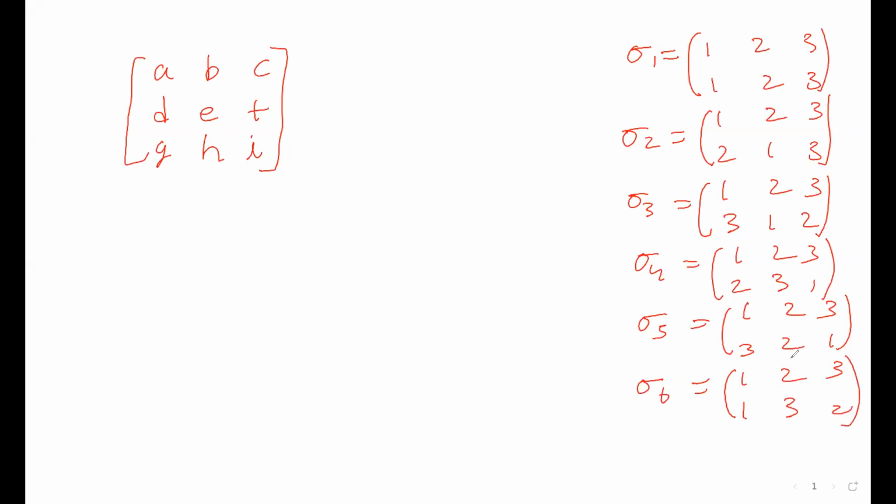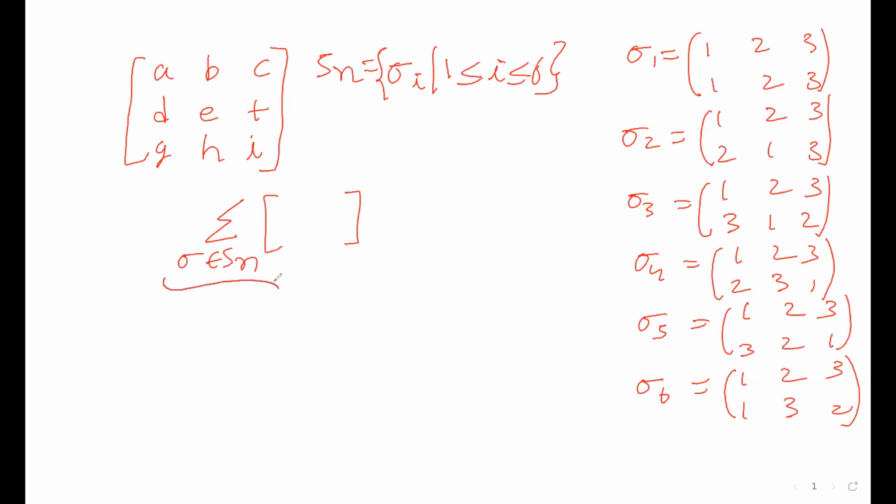So what is permanent? Let's look at permanent. It consists of summation over all these permutations in Sn, which has 6 elements. Now you pick a permutation from Sn and we do something interesting. Let's say we take the first permutation, sigma 1.